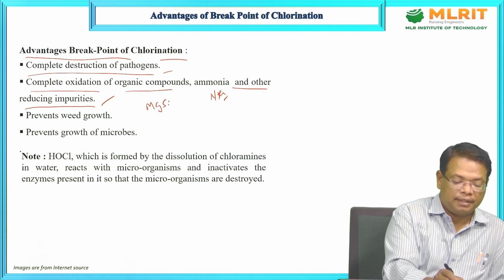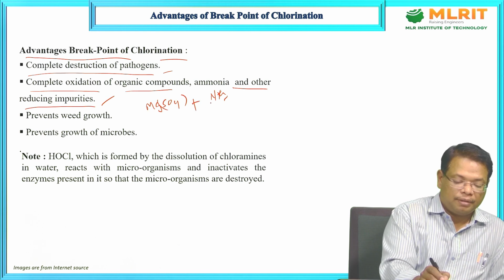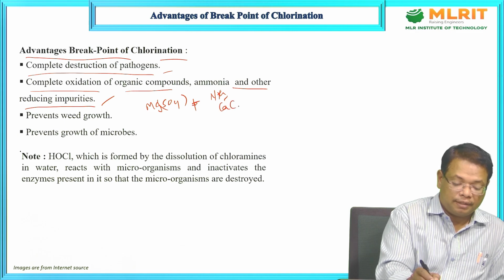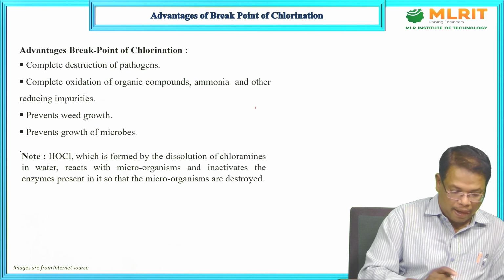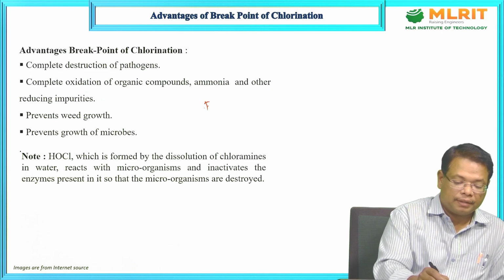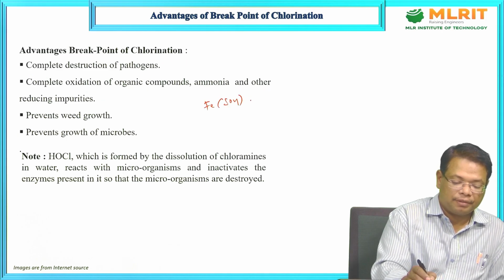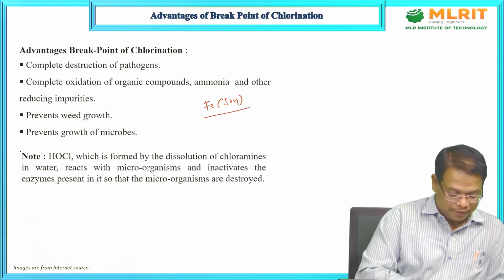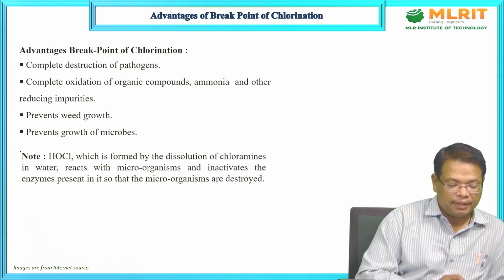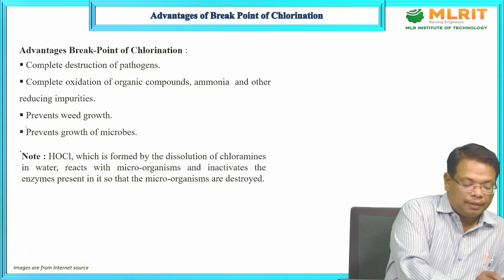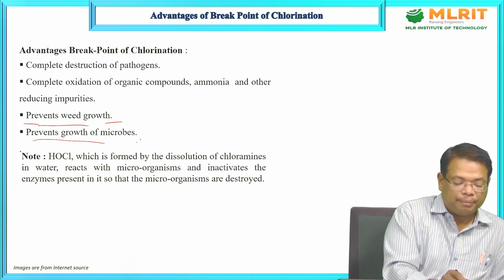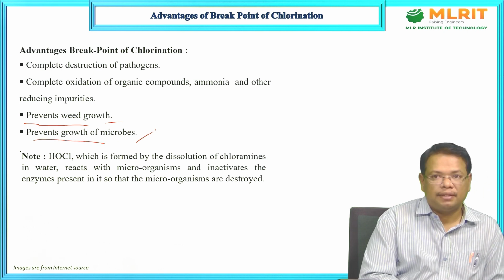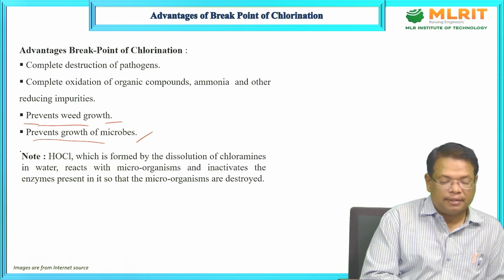Likewise, compounds such as MgSO4 and SO4 will be reduced. Chlorination also prevents weed growth and the growth of microbes. So this is a good advantage of chlorination.